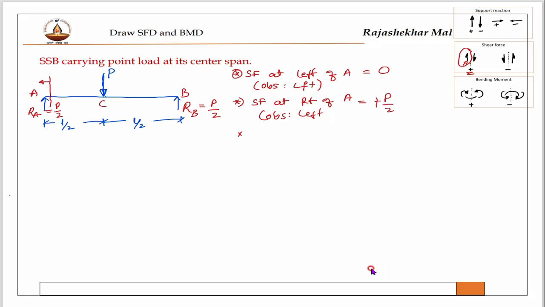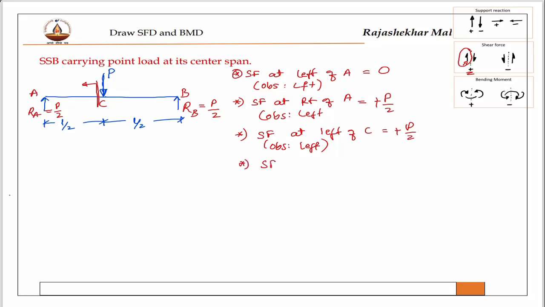Then after that we want shear force at left of C. Left of C means this one, and we have to make observations from the left side. Then the observation from the left side gives P by 2. Same thing, because on the left side you are seeing only one vertical force.